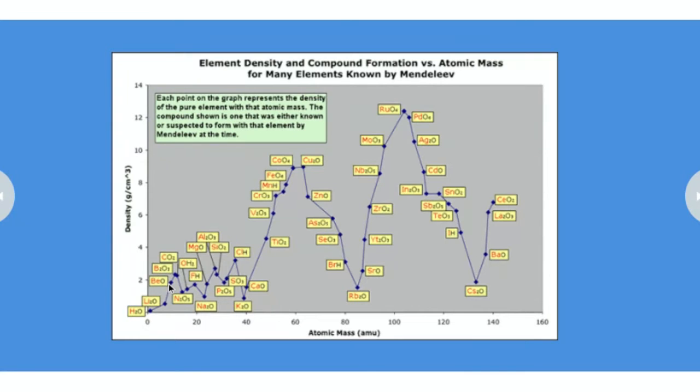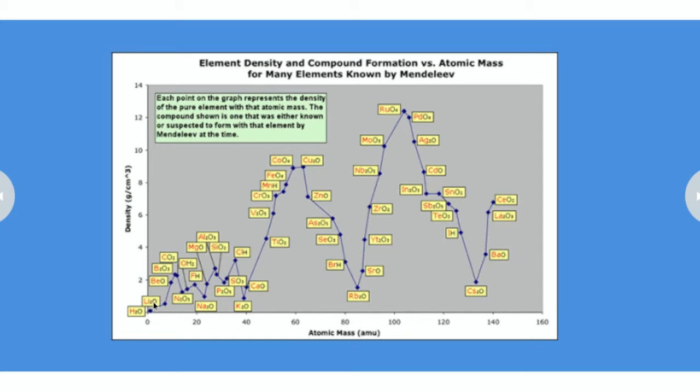And here the formula is B2O3. So it's a 1.5 ratio. And here we have carbon dioxide. There are two oxygens.